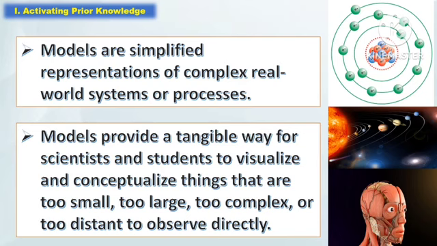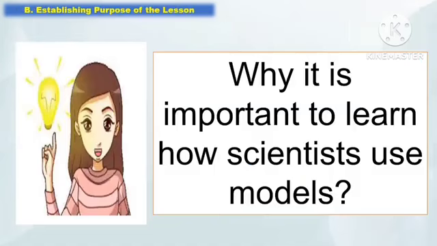Models are simplified representations of complex real-world systems or processes, and models provide a tangible way for scientists and students to visualize and conceptualize things that are too small or too large, too complex, or too distant to observe directly.